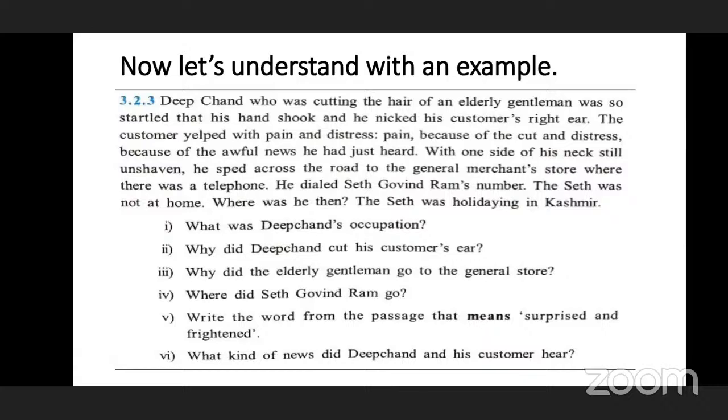And the last question is: What kind of news did Deep Chand and his customer hear? So while Deep Chand was working and when he had a customer in his shop, it is learned that there is news received by these people. So this is the information we gathered before we read the passage.